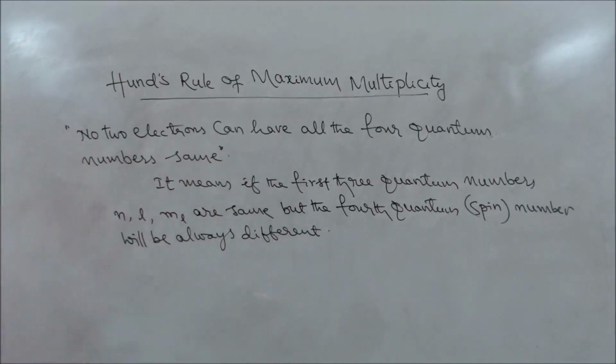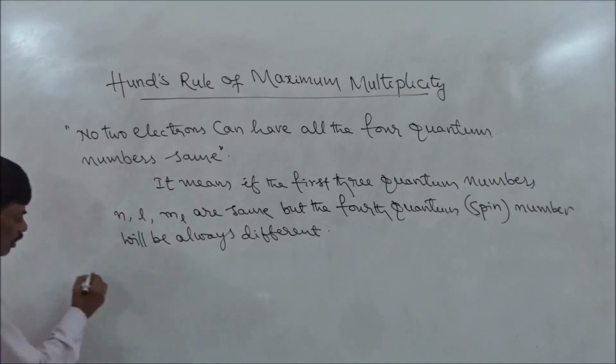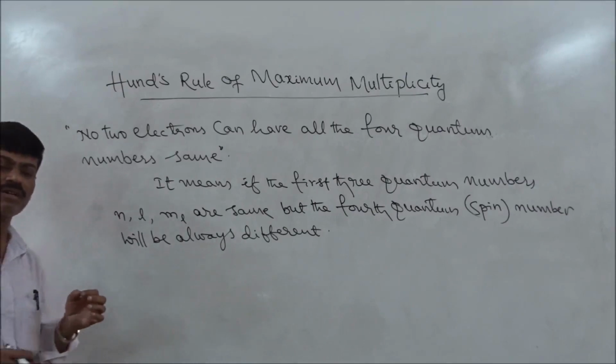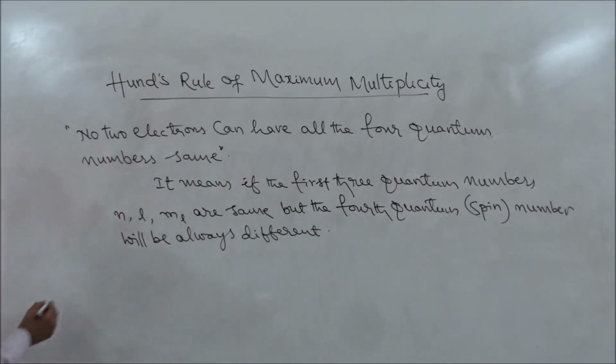It also tells that any orbital, if you take any orbital of the subshell, its capacity will be only 2 electrons.